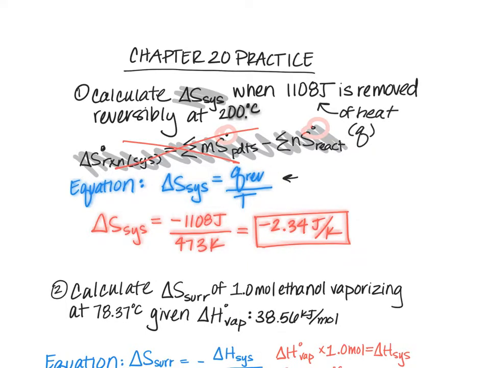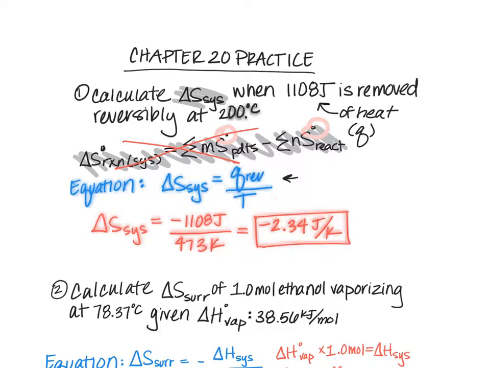The other option is solving for delta S of the system is equal to Q rev over T. Another way that you would be able to determine that this is the equation that you're going to use is that the problem states that you want to calculate delta S of the system when this heat is removed reversibly.